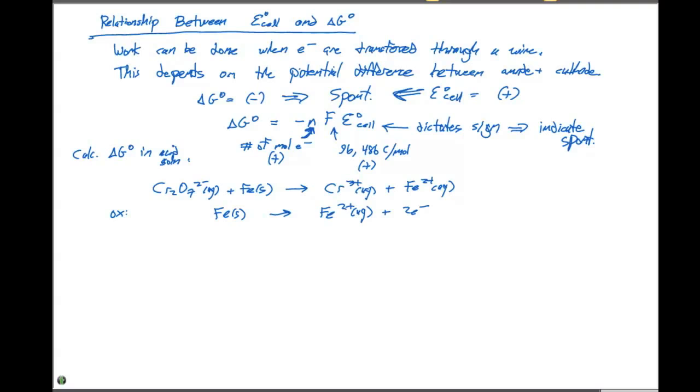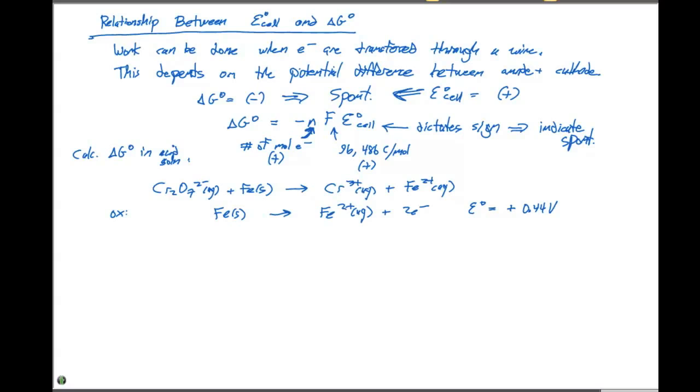The oxidation potential for this half reaction is going to be positive 0.44 volts. The reduction potential for iron is a negative value, so here we have an oxidation half reaction, and this is going to be positive 0.44 volts.